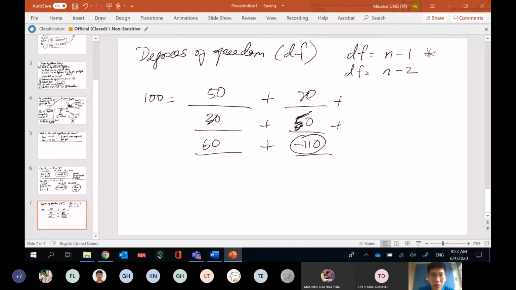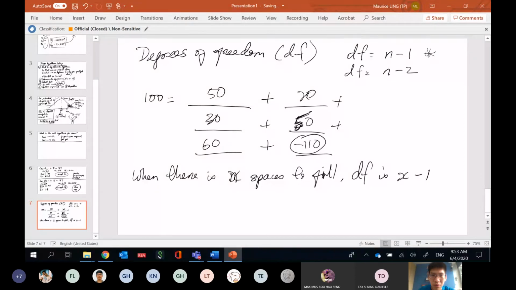Okay. So it means that when there are, let's say, X spaces to fill, in this case, there are 6 spaces to fill. The degrees of freedom, the number of spaces that can vary, is actually X minus 1.